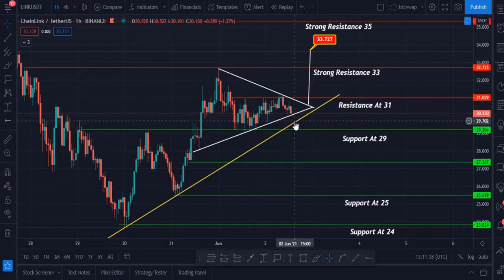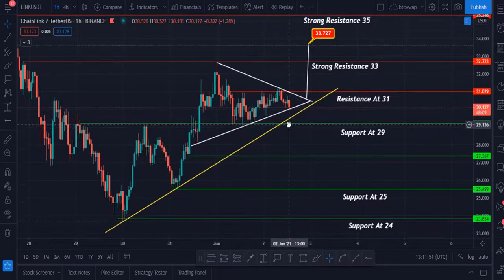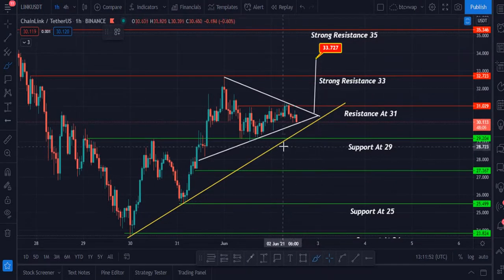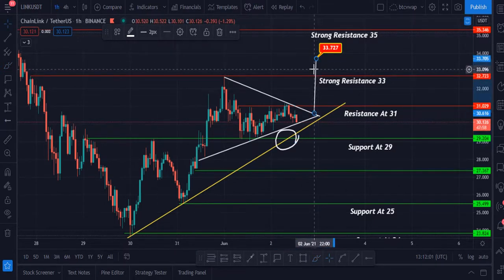And if unfortunately Chainlink breaks this downtrend line and this support zone, which is at $29.22, let me please show you how much Chainlink can go down.